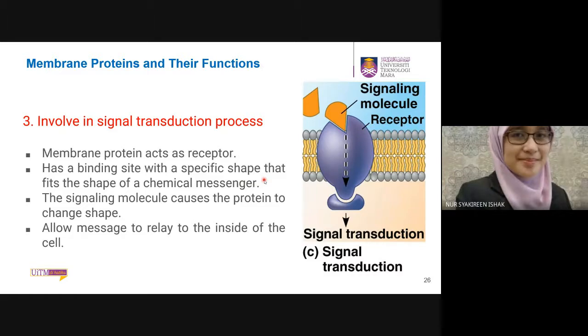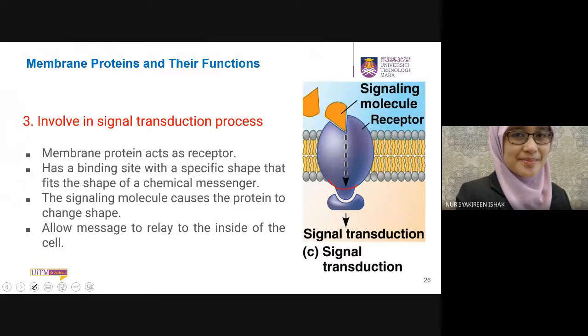Is the hormones, hormones that are made up of protein. So the signaling molecule causes the protein to change shape. In this case, for example, asalnya, kalau hormon tu tak bind, shape dia macam ni je.